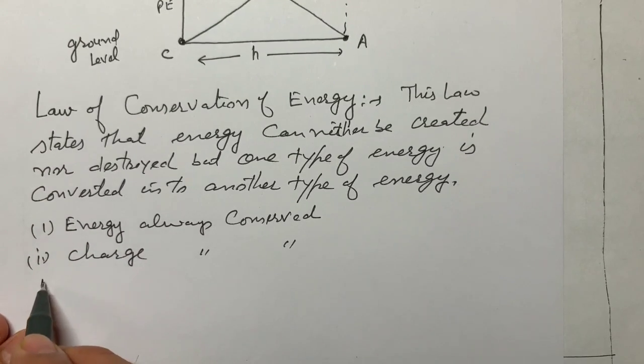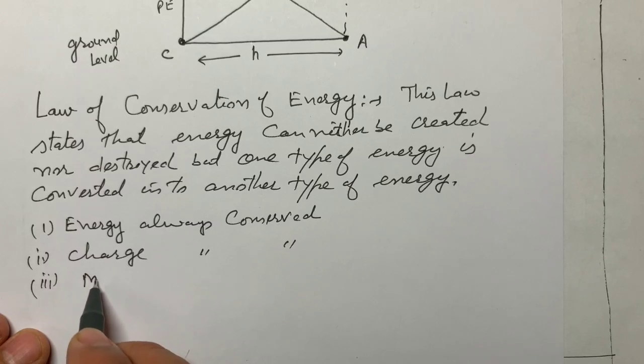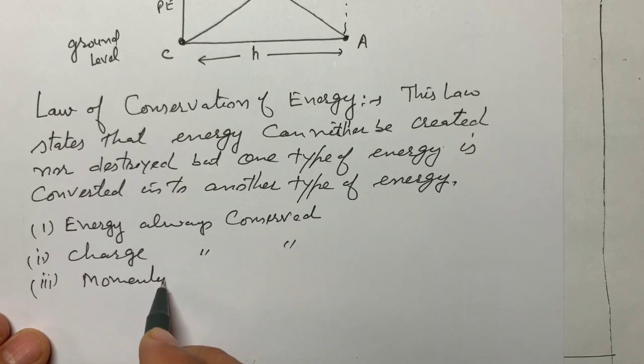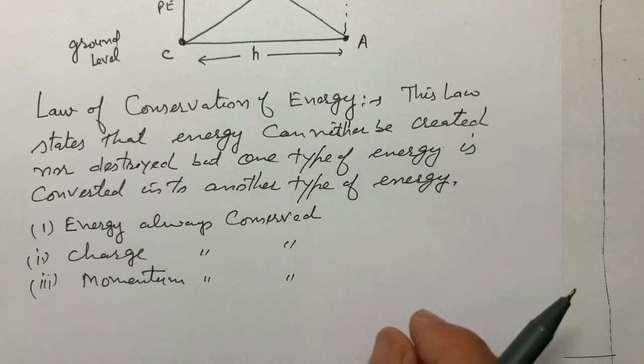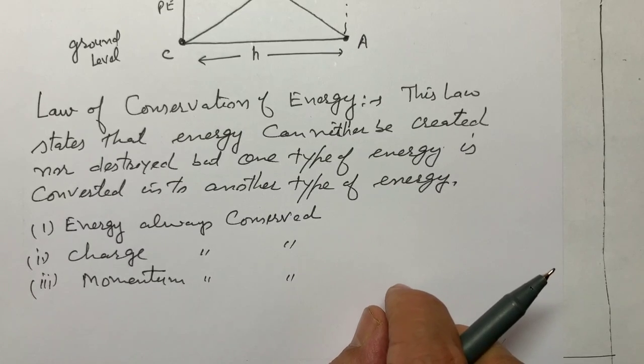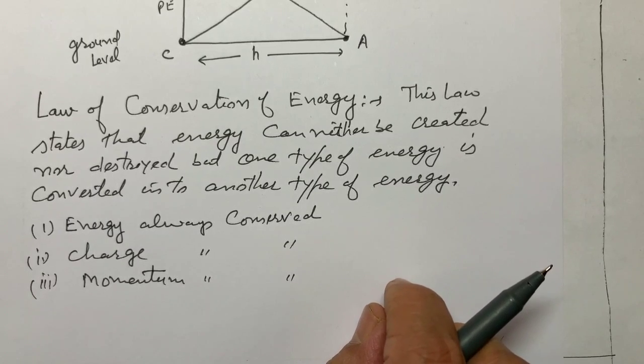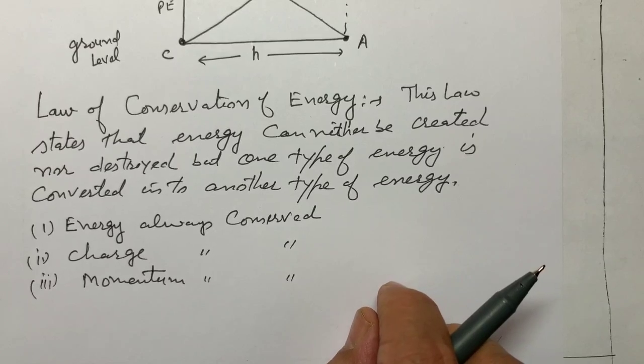And third one is momentum. It is always conserved. So these are the three laws: law of conservation of energy, law of conservation of charge, law of conservation of momentum.